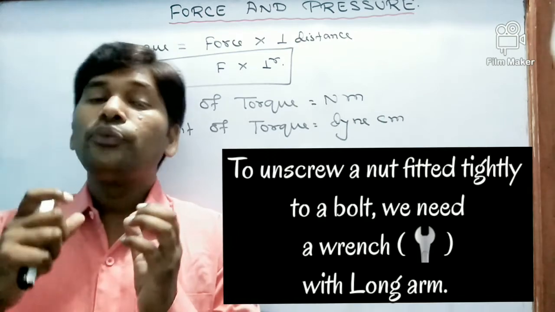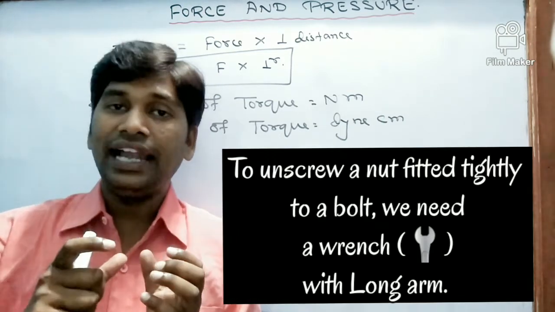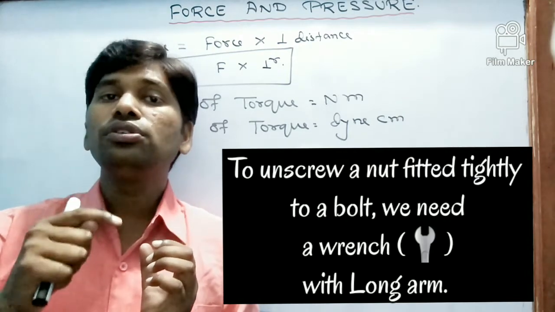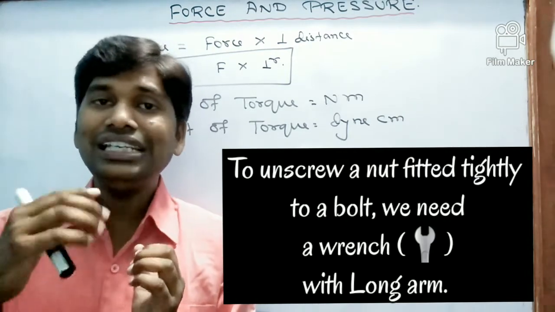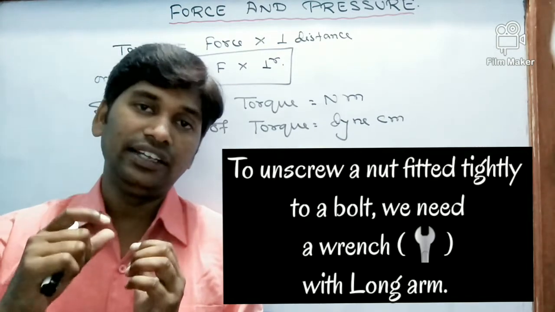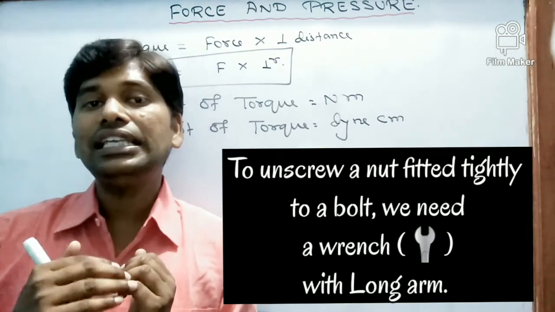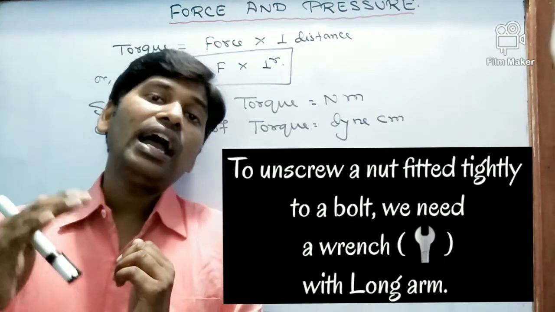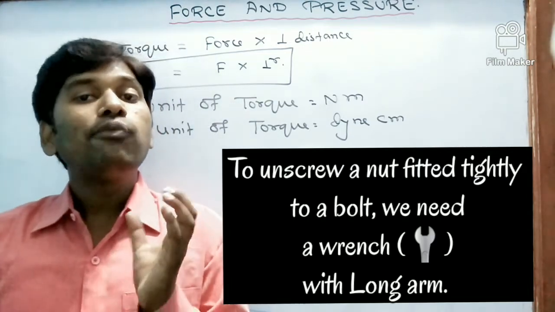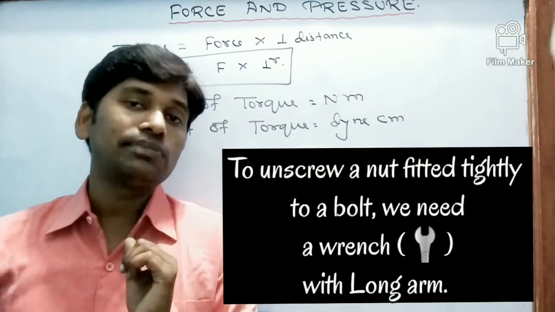The wrench with a longer handle is very helpful. We can unscrew the nut easily if the wrench has a longer handle. Why am I saying easily? Because if the wrench is longer, then the force applied will be smaller.